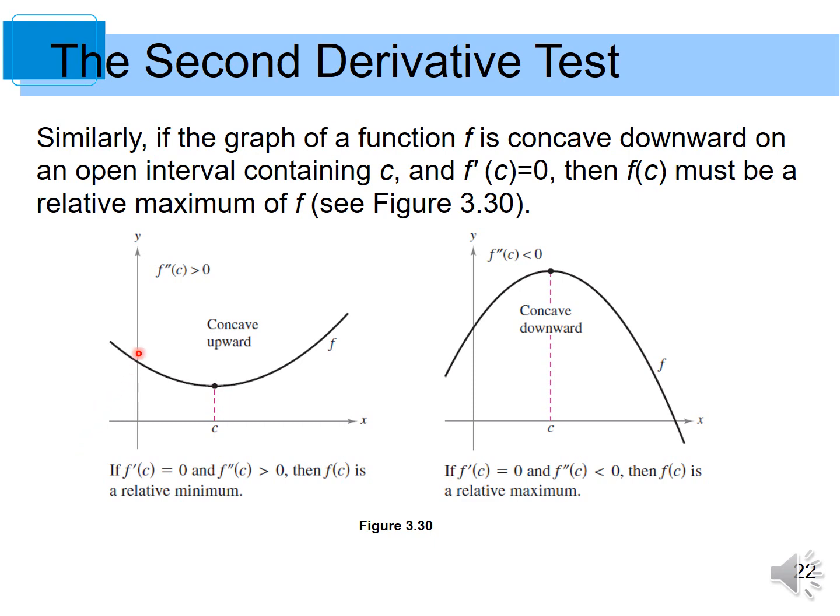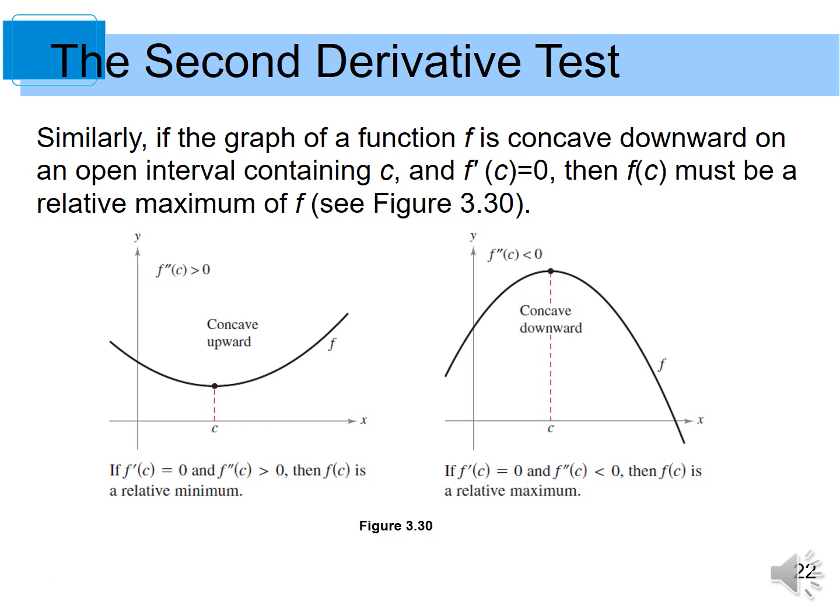So based on the previous statement on the previous page, the graph of a function is concave upward on an open interval containing c. This is the point c, and f prime of c equals 0, meaning that the slope at this point is equal to 0.